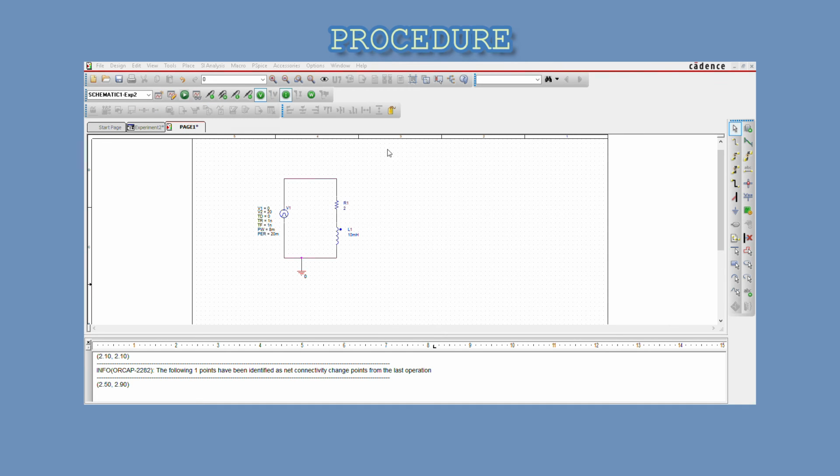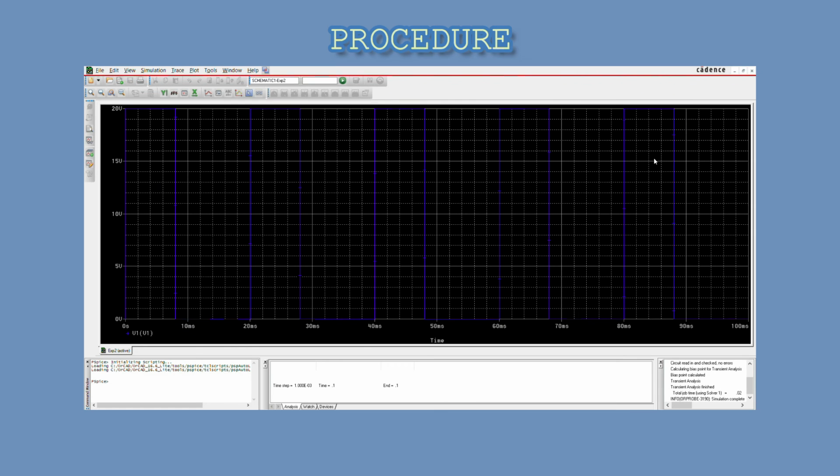Now let us edit the simulation profile. Set it to 100 milliseconds. Let us run. Before starting the simulation, let us add a probe. From here, we could see the waveform of the input voltage.